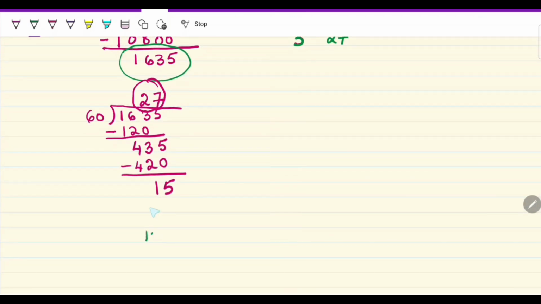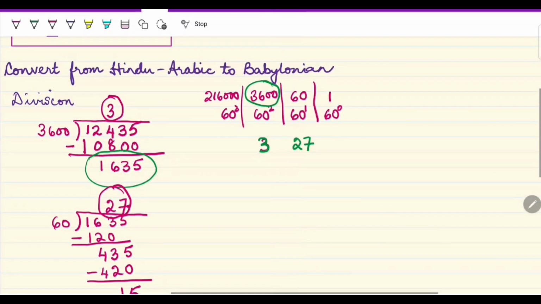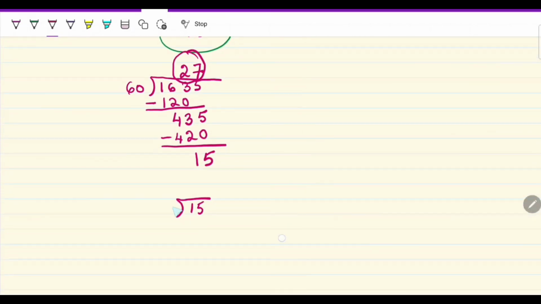15 divided by the next lower place value, which is 1, correct? 60 to the power 0 is 1. So the next lower place value is 1. So we are dividing 15 by 1, and we will get 15. Let's write that down.